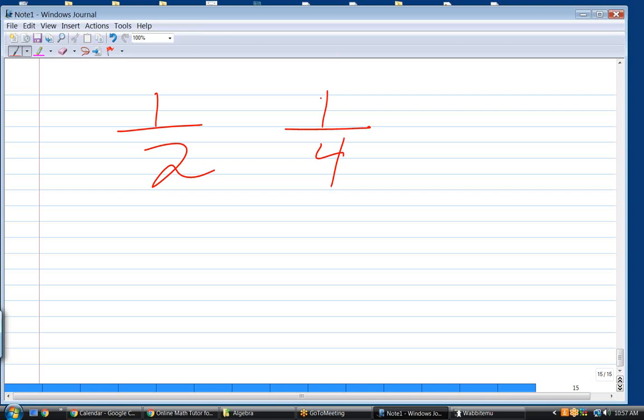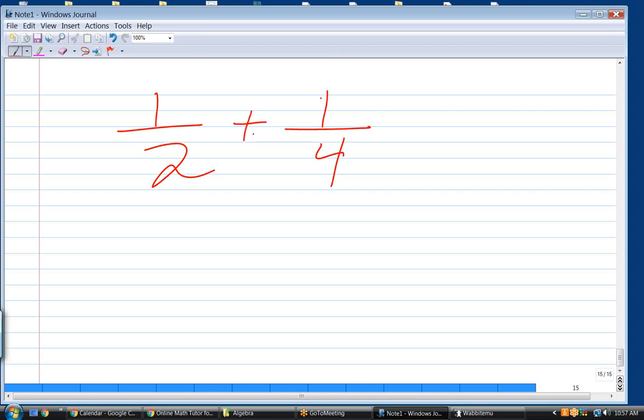Part of the problem with using a calculator is you're almost always going to get decimal answers. If you need a fractional answer, you either have to know how to convert that decimal answer to a fractional answer, which isn't that easy to do. So let's do this manually. Add these two together and divide by 2, and that will be your answer.